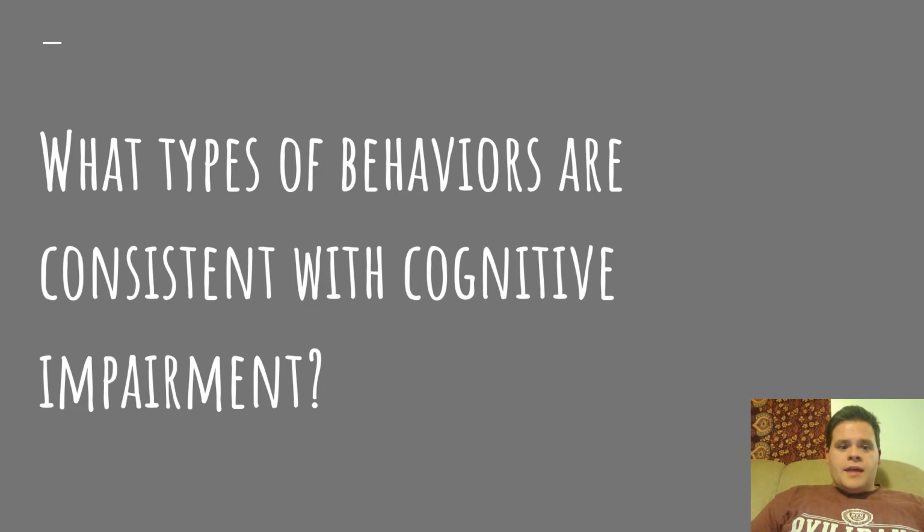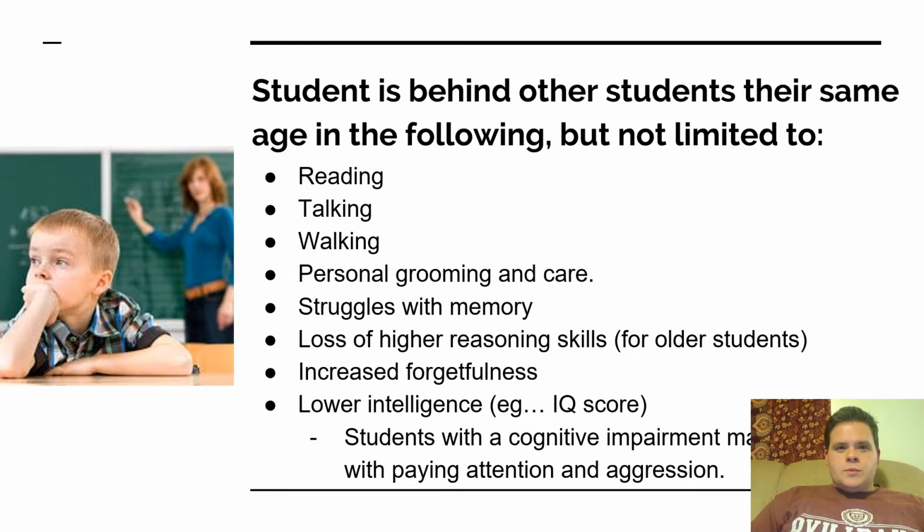And what types of behaviors are consistent with cognitive impairment? These slides are more directed towards kids, since that's what we're focusing on in this class. Students with cognitive impairments are usually behind other students their same age in the following areas, but are not limited to just these.